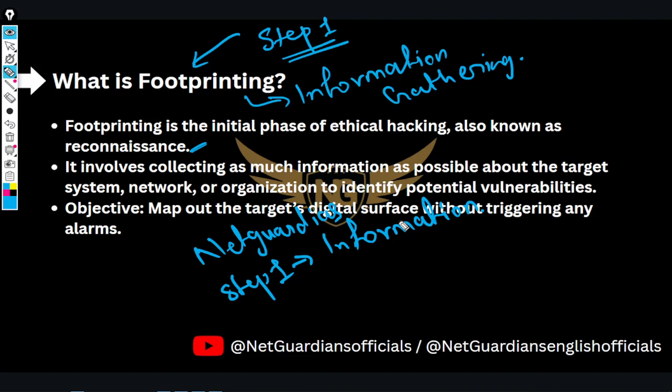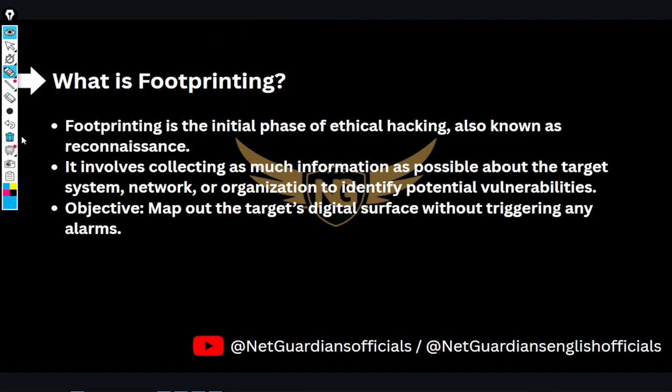I have to gather all this information so that I can plan an attack on NetGuardians and hack it. That's why footprinting is a basic step, step 1 for every hacker.